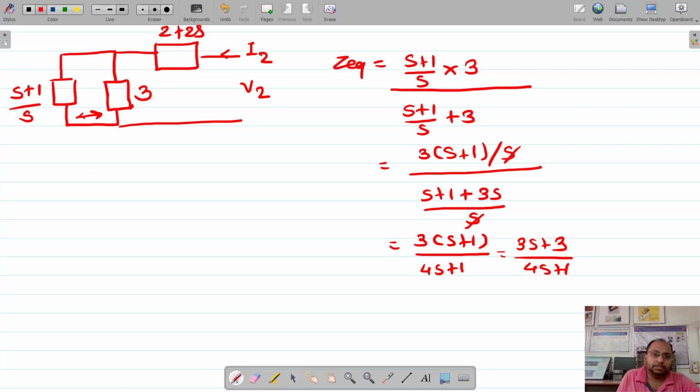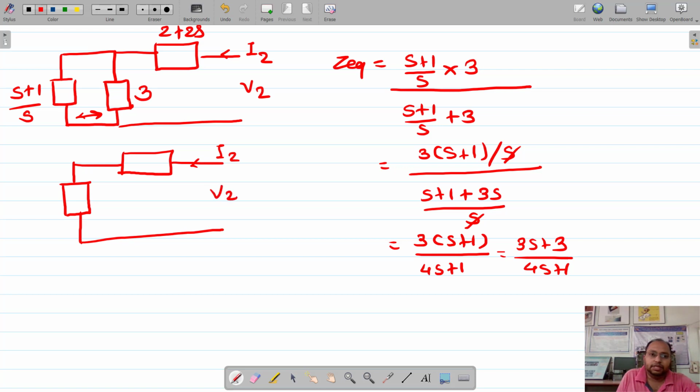Okay, fine. Now therefore over here I can write this is my modified circuit diagram, and to this we are going to apply KVL now, right? This is nothing but as usual 2 plus 2s. This is nothing but (3s plus 3) divided by (4s plus 1).